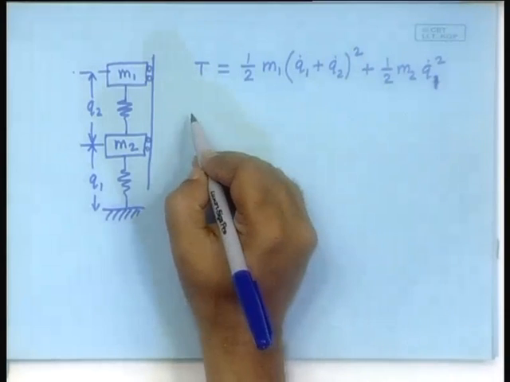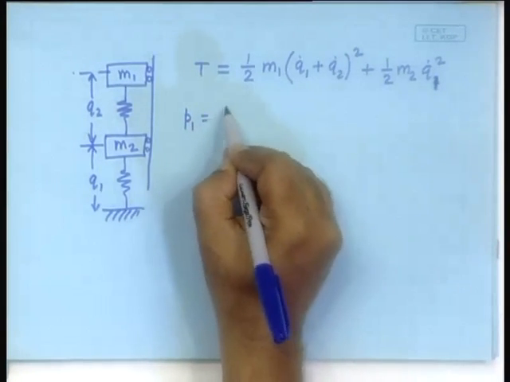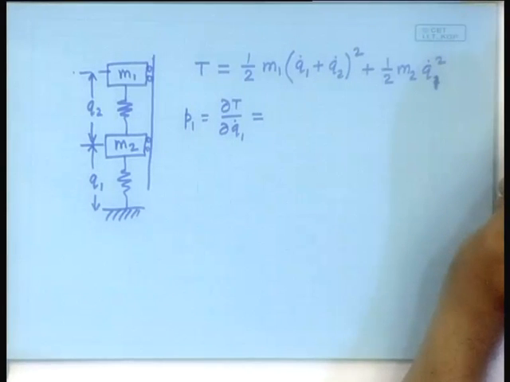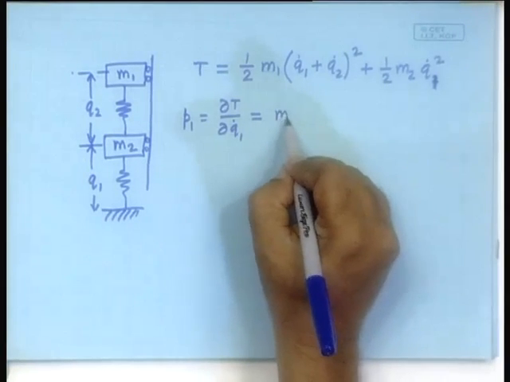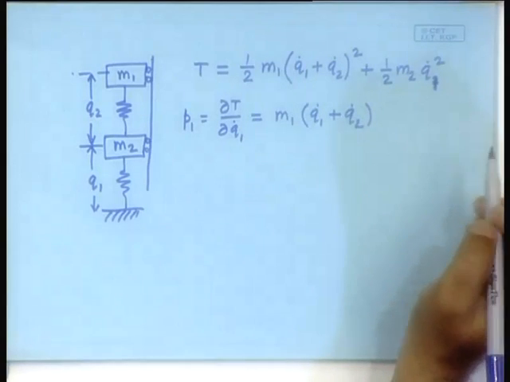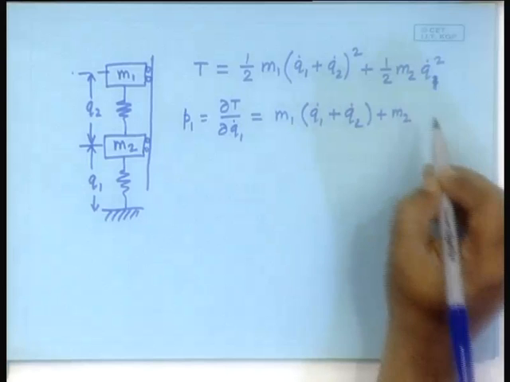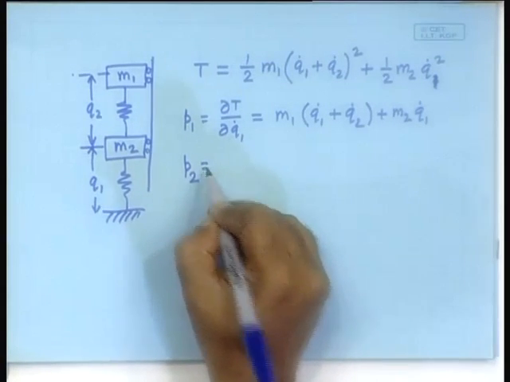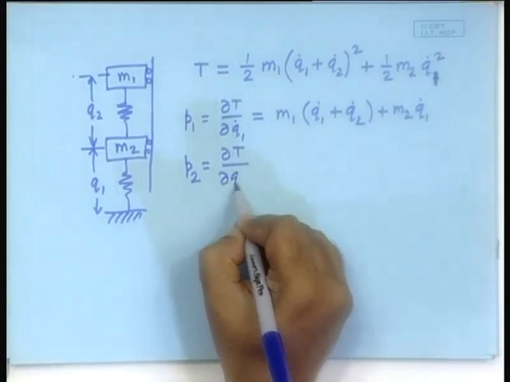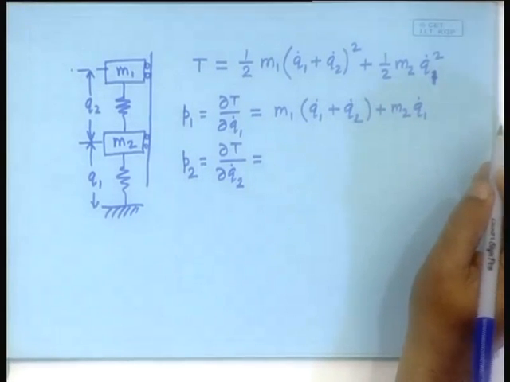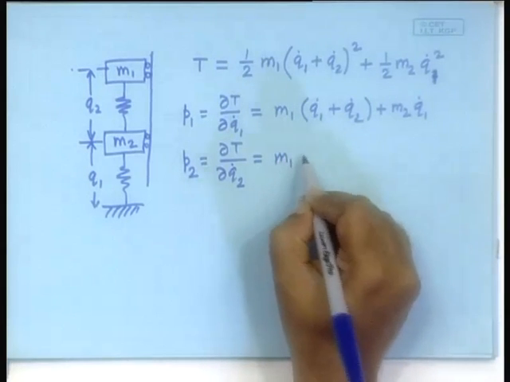So, in that case your P1, which is the derivative of the kinetic energy with respect to q1 dot, will be m1 (q1 dot plus q2 dot) plus m2 q1 dot. Similarly, P2 will be similar.